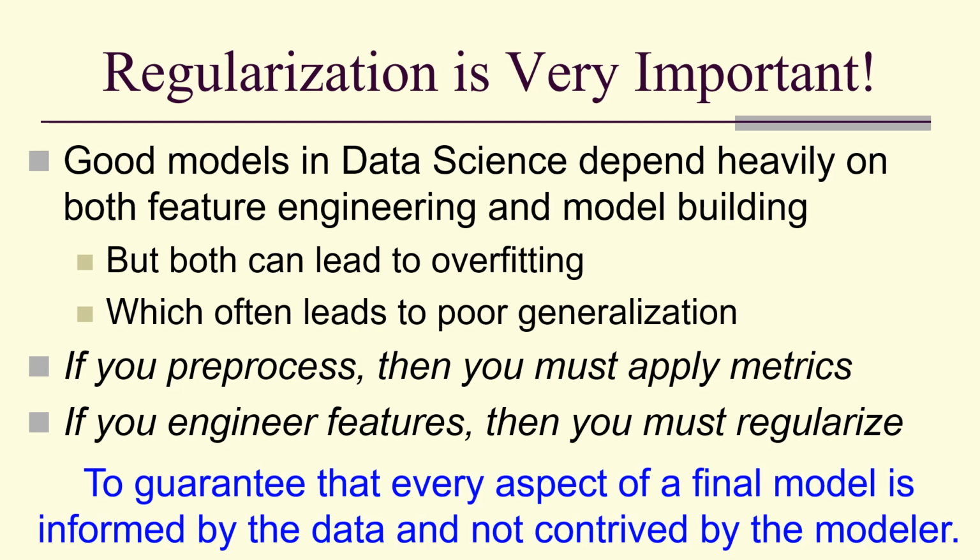Why? To guarantee that every aspect of a final model is informed by the data and not contrived by the modeler. You want the model to reflect the information, numerical and structural, of the data and not wild assumptions coming from the outside.